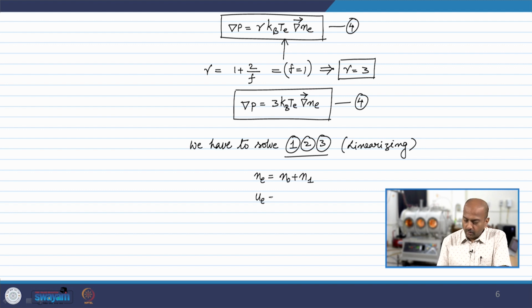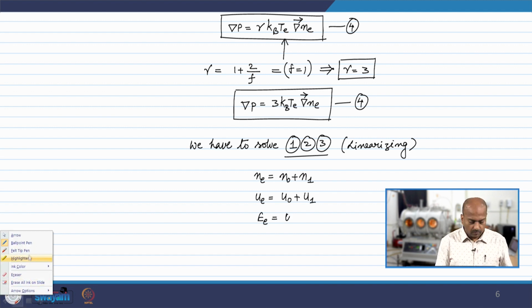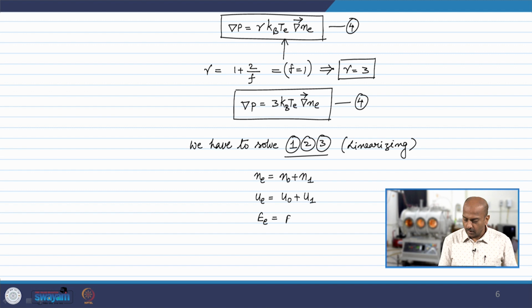The velocity of electrons is U0 plus U1. The electric field is E0 plus E1, right.